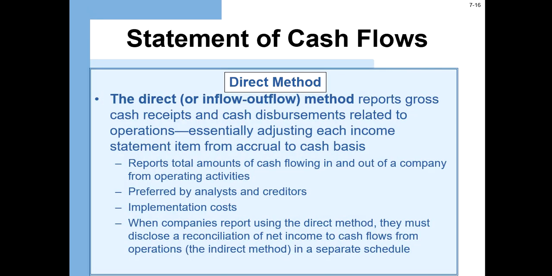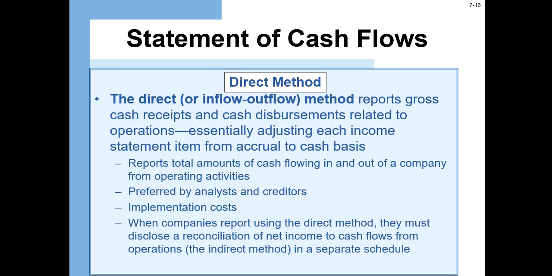And what about the direct method? As we said already, this will be by expressing an increase in this account and a decrease in that account, adjustment for the accounts. Inflows and outflows method reports gross receipts and cash disbursements related to operations, essentially adjusting each income statement item from accrual to cash basis.